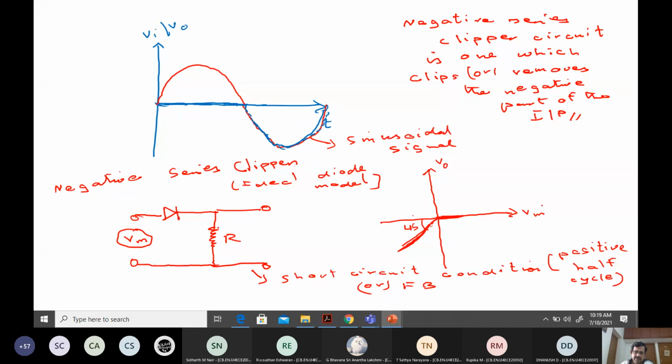In this case, all of the voltage will appear across R because there will be a current flowing through. So I flows and the entire input will appear as voltage drop across the resistor.